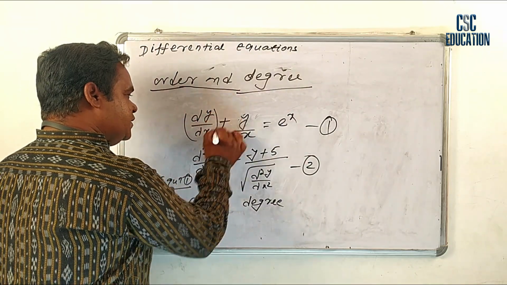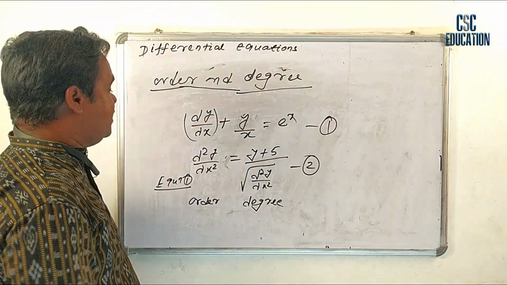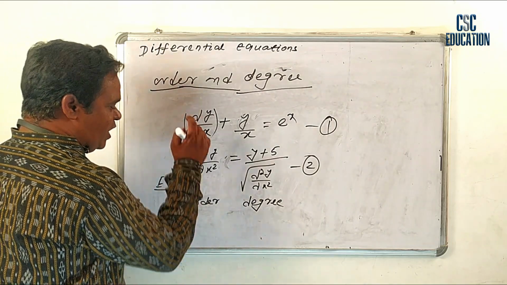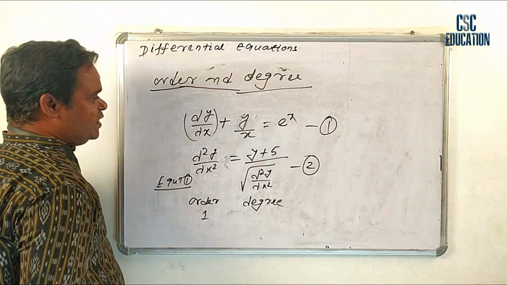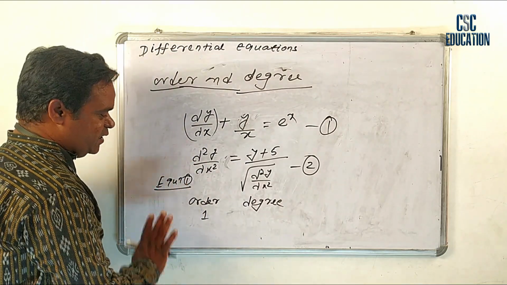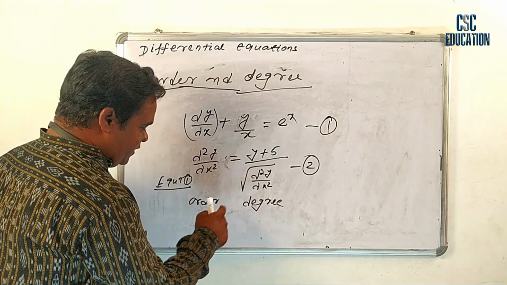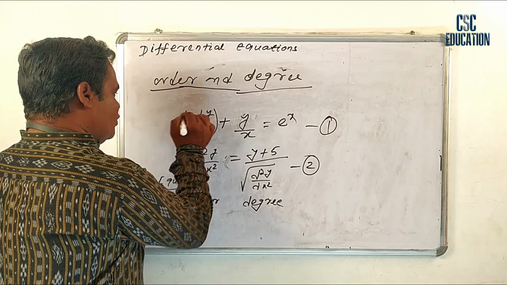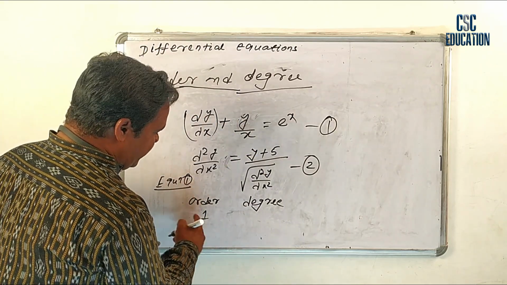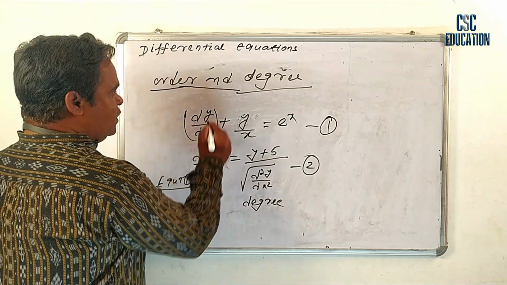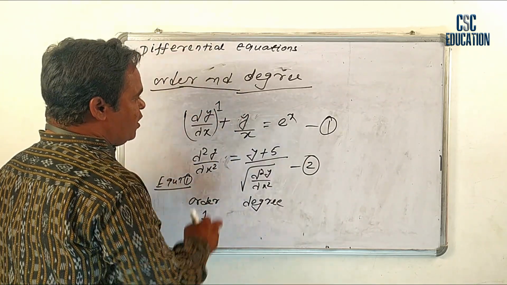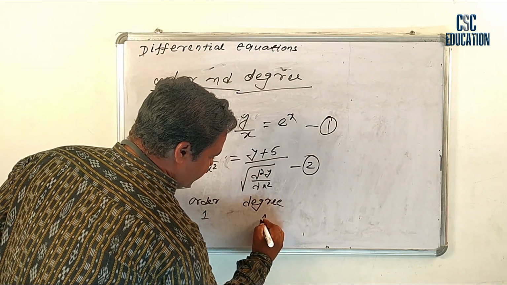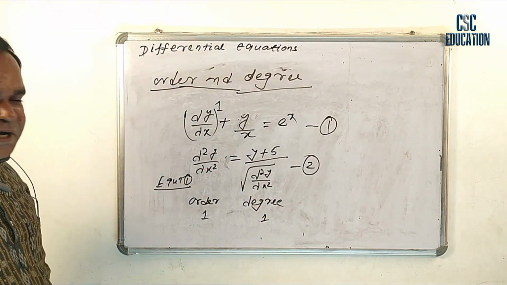So it is the first order derivative. So here the derivative is of order 1, so the order is first order. Okay, that is the order. Okay. Degree: in the differential equation we have found the order. So here the exponent or power of dy by dx is 1, so the degree is also 1. Okay.